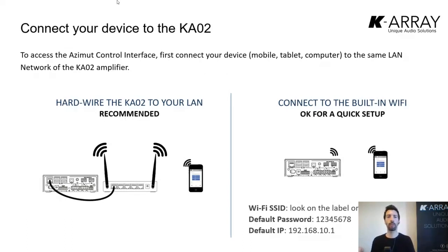Now, if you use the built-in Wi-Fi, of course, you need to know the Wi-Fi name and the Wi-Fi password, right? And they are written in my slide and in the user guide, of course. So the Wi-Fi name is written in a label in the back of the amp.